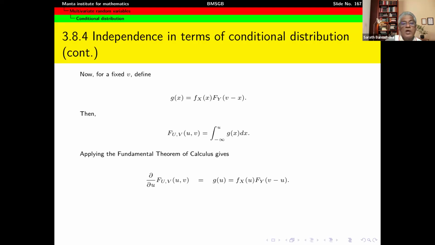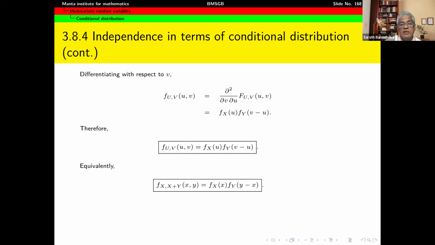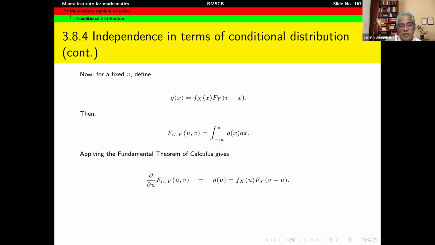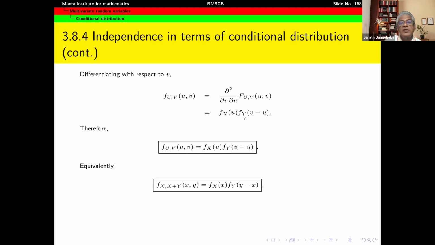So I have to differentiate the integration again. In that case, you will see that when you integrate, you will get this expression. I have not written it down with the integration and so on, so I invite you to look at it again. But in this case, we are keeping u fixed and v as the mathematical variable of the function.